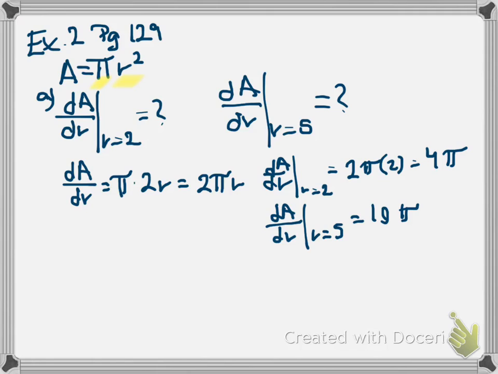Just by looking at the numbers, this one is going to be bigger than the other one because we have 4 pi and 10 pi on the other side.